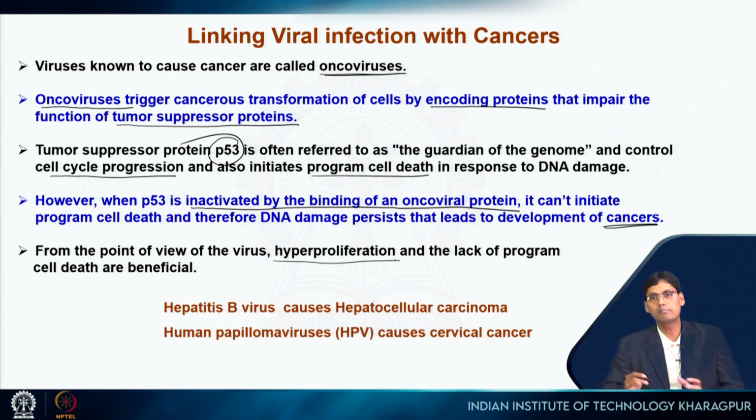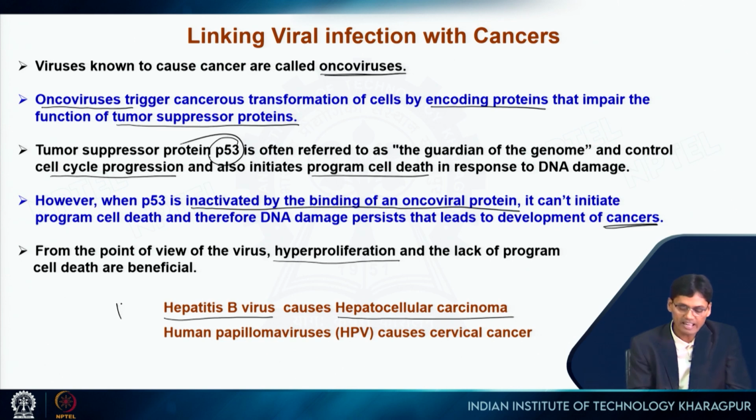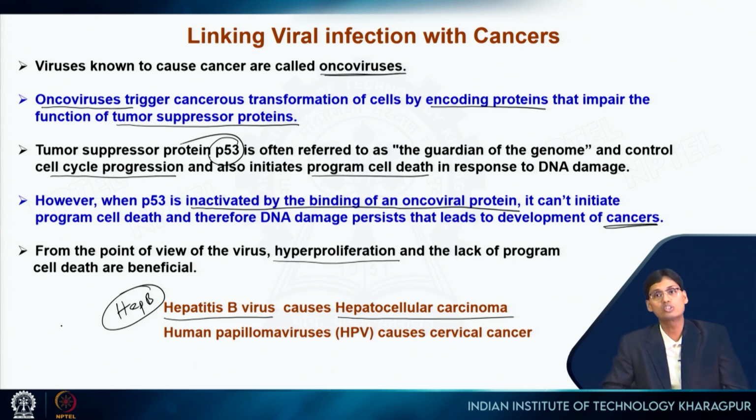So here there are many examples. I am just giving some examples which many of us are aware of. For example, hepatitis B virus causes hepatocellular carcinoma, some kind of liver cancer, I would say. This Hep B vaccine is already in our national immunization program.